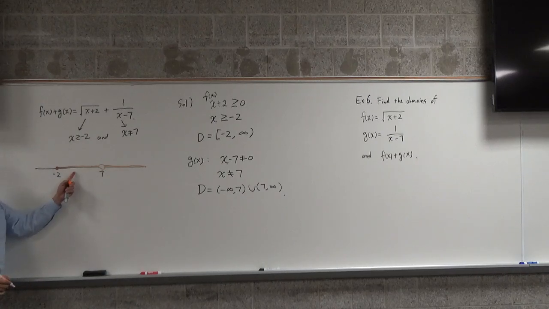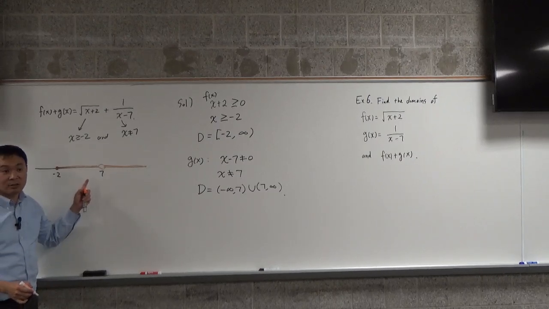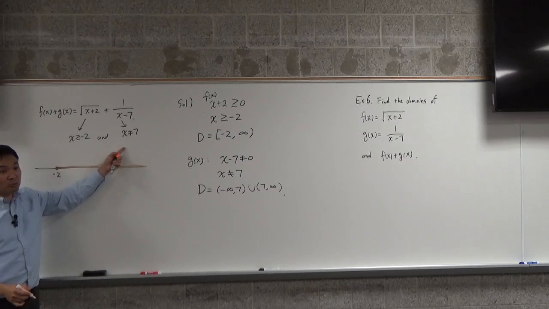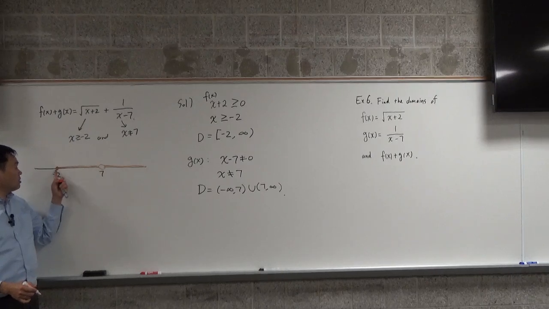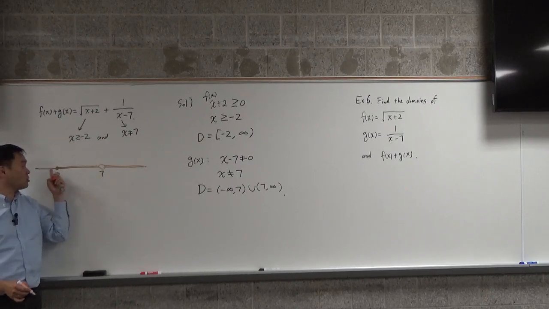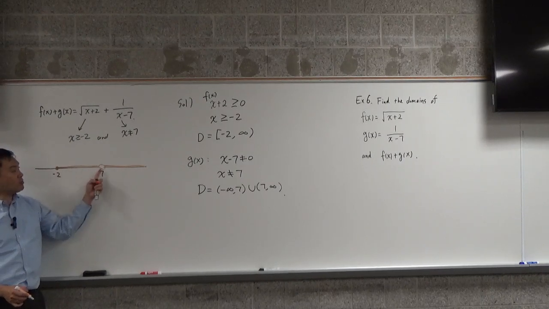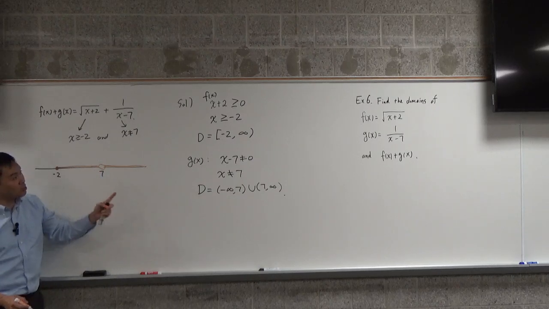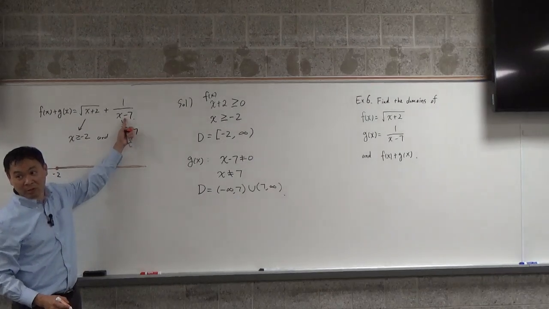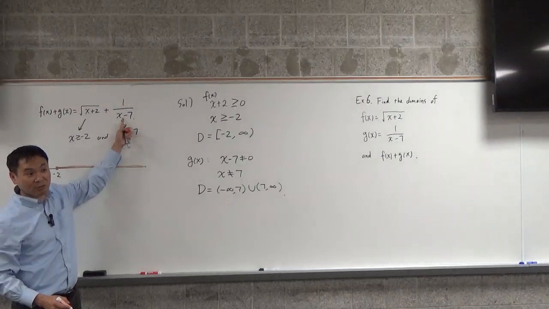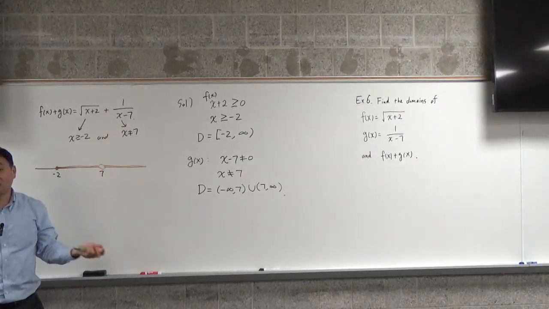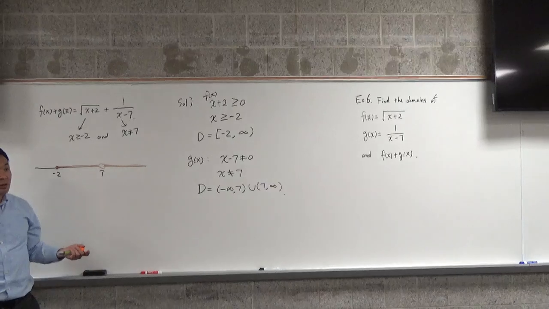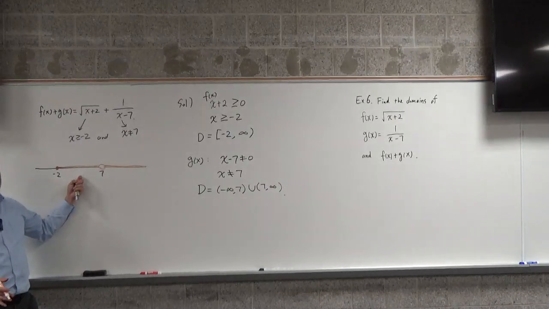So this is the domain. Does this make sense? For these two to both work, you need it to be more than negative 2, including negative 2. But 7 should be deleted because that 7 is going to be a troublemaker when you plug in over here. 7 minus 7 will be 0. 1 over 0, you're not supposed to divide by 0. Okay? So that's the domain.